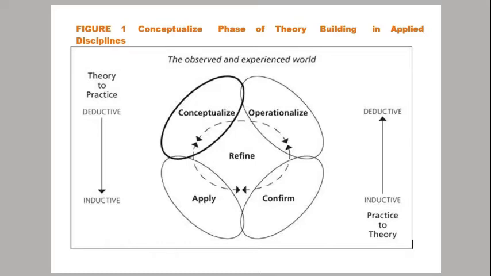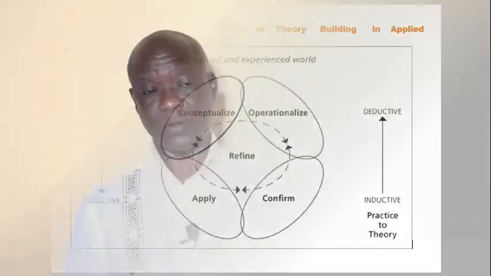Now we are handling the second phase of theory building, and later on, God willing, we shall probably combine the remaining three so that we get a sense of how we build theories. As you can see in our lecture 10, ladies and gentlemen, to operationalize a theory, the theory must be expressed in terms of its functional use for the purpose of acceptance or rejection.